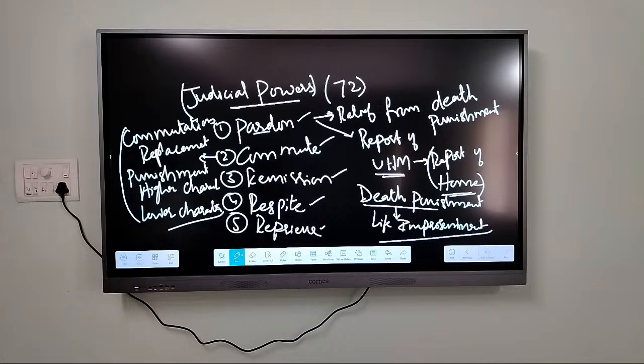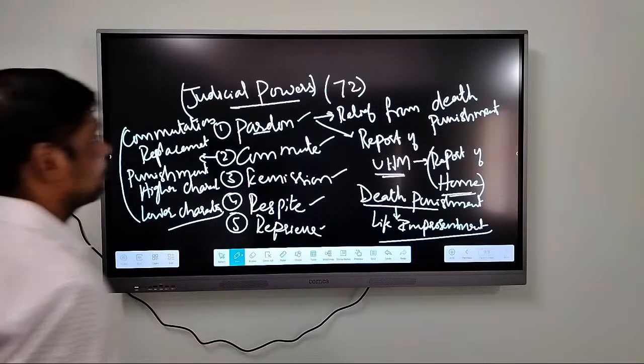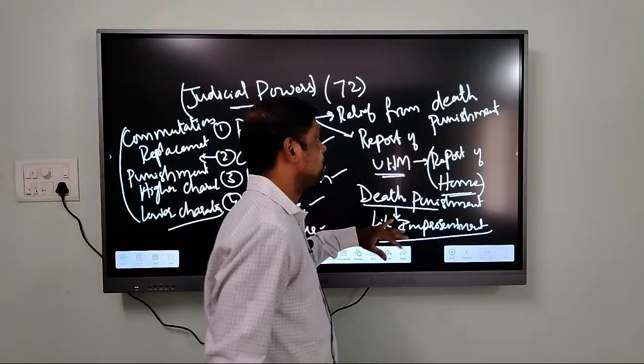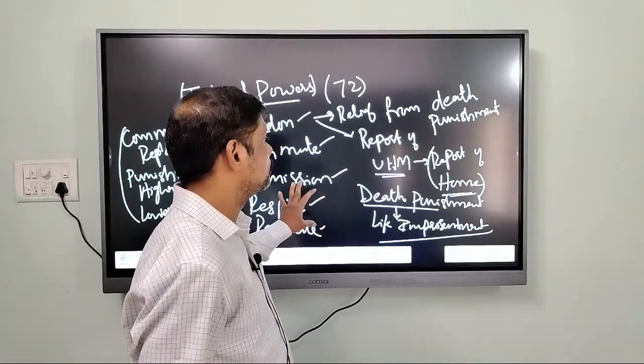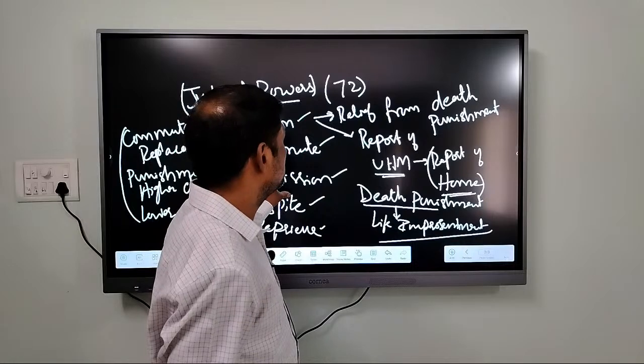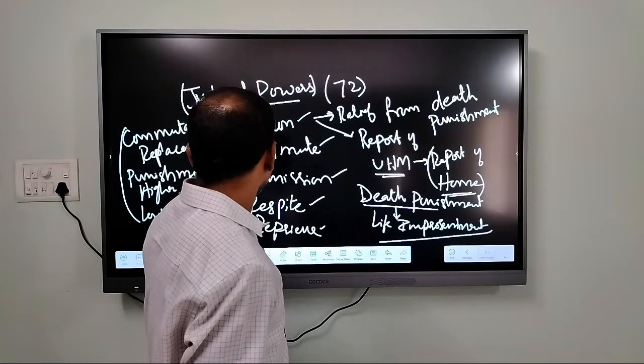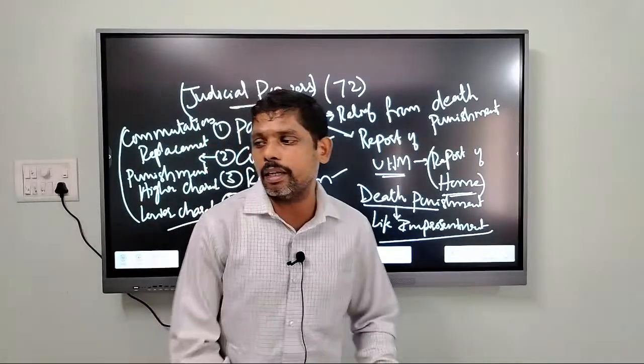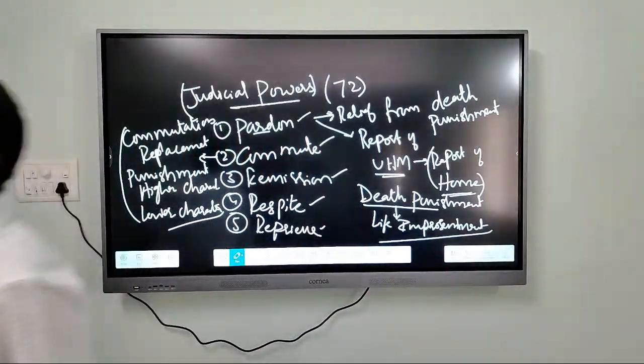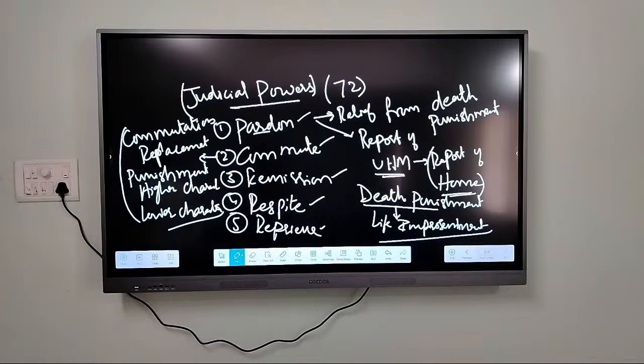Alright, so this is about commutation. Am I clear about pardon and commutation? Am I clear about pardoning and punishment, commutations?